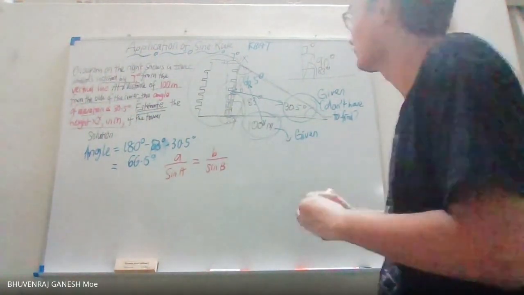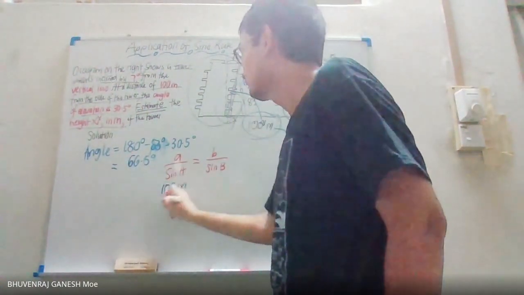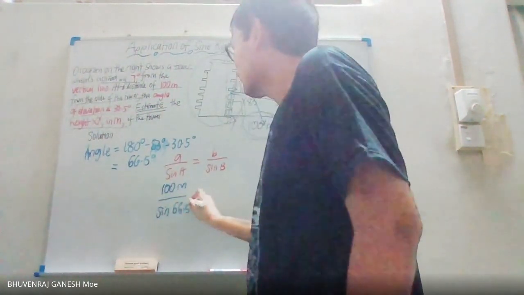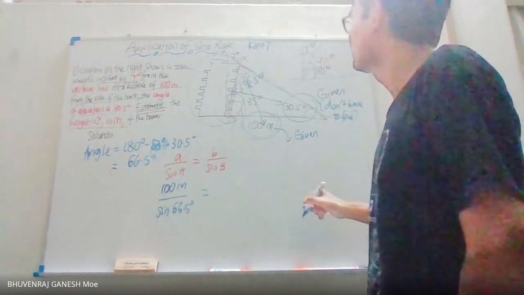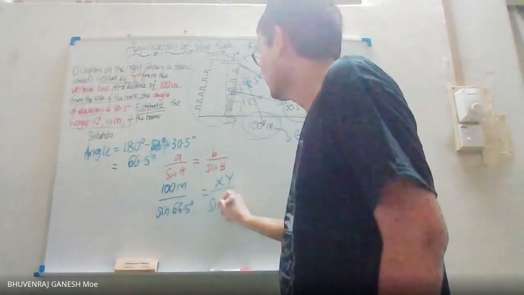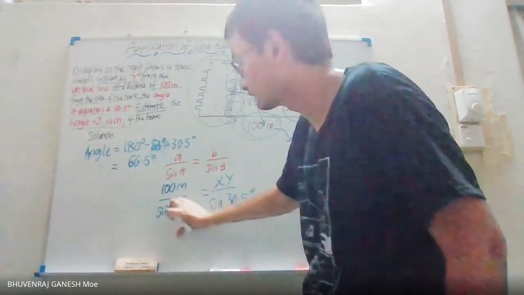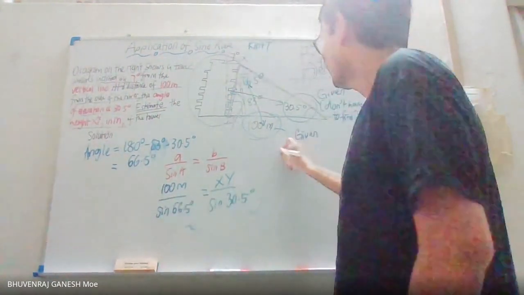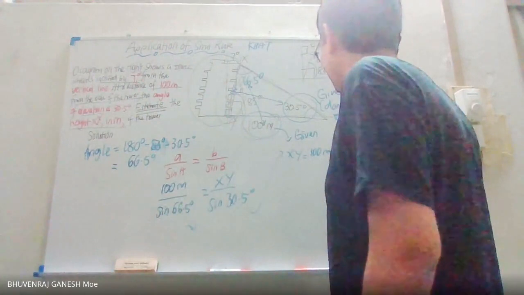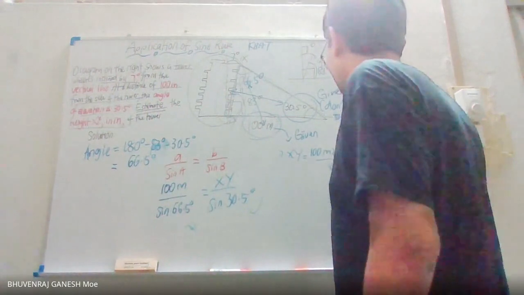So now we're going to apply the sine rule. We'll take 100 meters over sine 66.5, which is the opposite angle, equals XY, that is the height of the tower, over sine 30.5. So XY, let's go to the other side. XY will be 100 meters times sine 30.5 over sine 66.5.